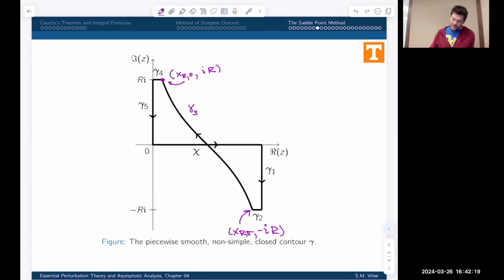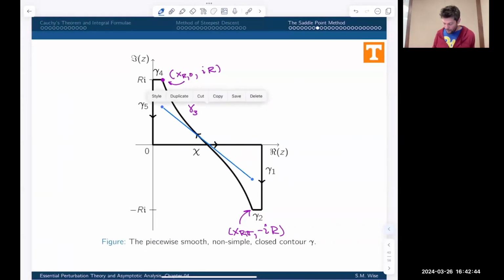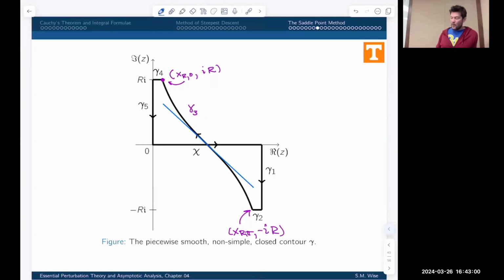Now, it turns out you can show pretty easily, and what our calculation will show, is that the slope of this line as we go through the saddle point, let's use blue, is just 1, actually.